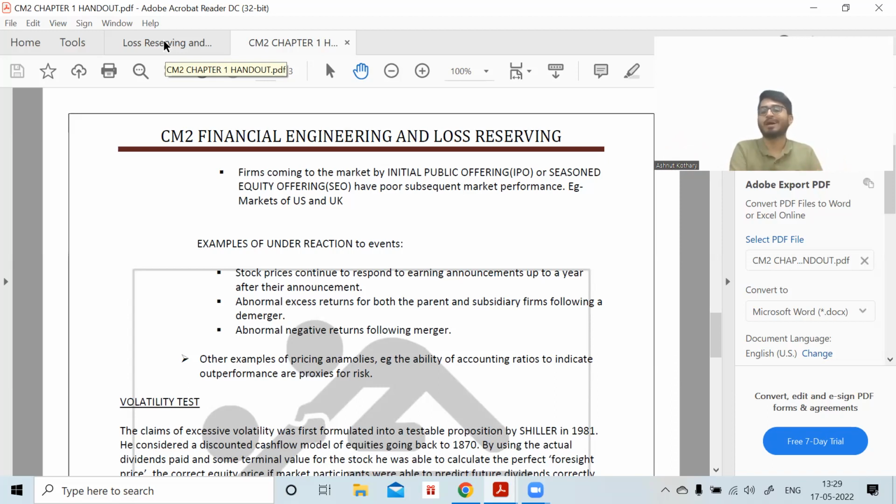So these tend to be very high risk in nature, and certain accounting ratios might appear to show them as very favorable or not, but these are nothing but proxies for risk only. So generally, just for market knowledge, companies which tend to have a high PE are generally riskier.